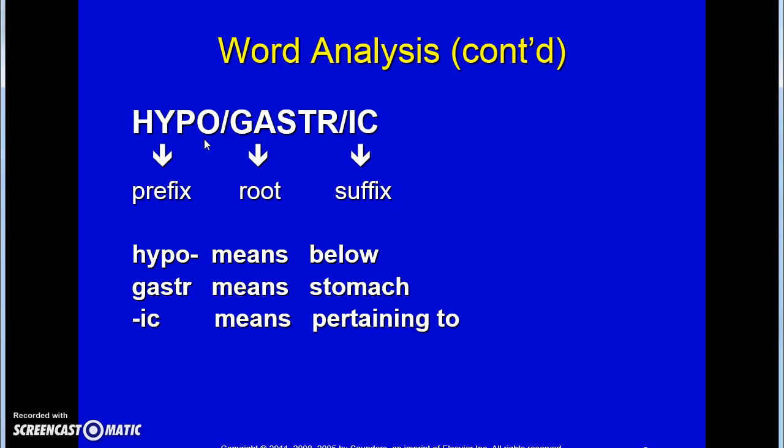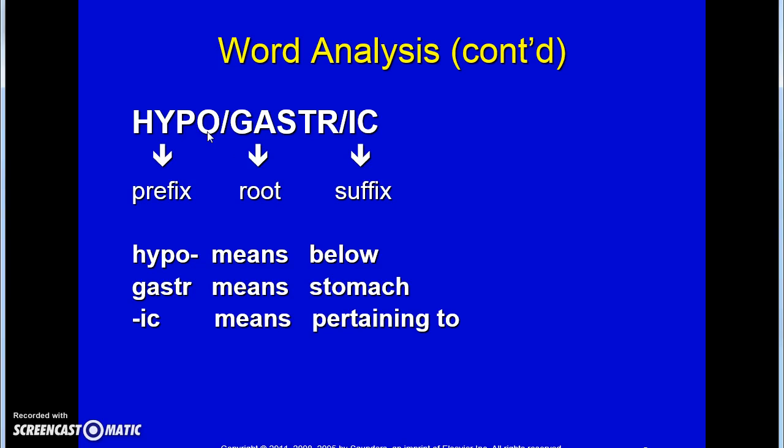So in this case, our prefix is hypo, H-Y-P-O. This slash shows us the difference between the prefix and the root word. This is not a combining form, okay? This is a prefix all in and of itself.